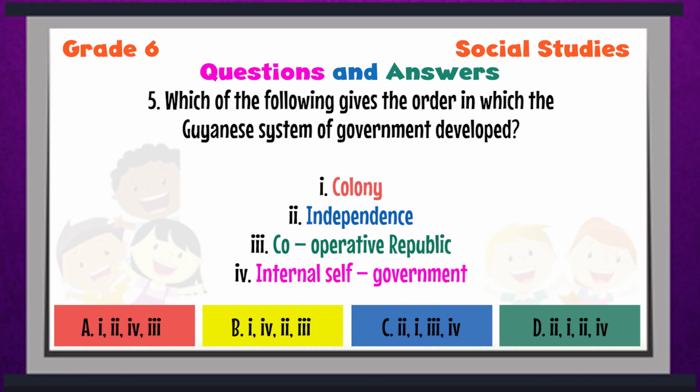B has a combination of 1, 4, 2, and 3. C has a combination of 2, 1, 3, and 4. And D has a combination of 3, 1, 2, and 4. Choose the order which gives us the system of government as it developed in Guyana.